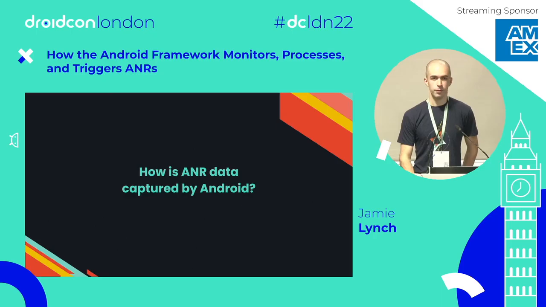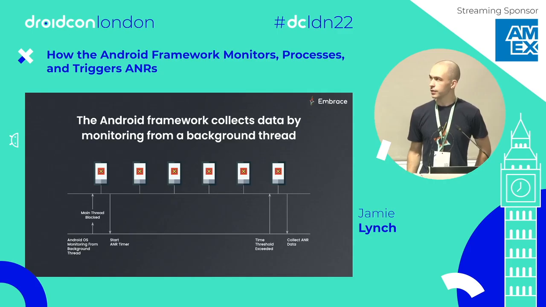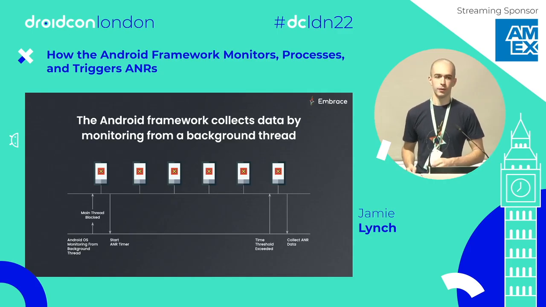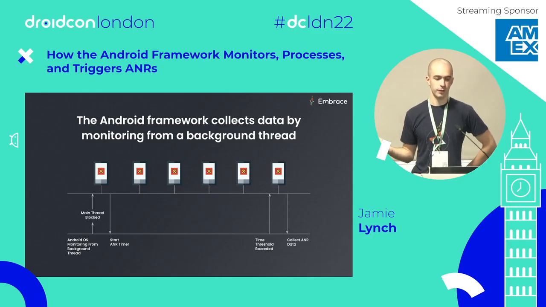So let's go over a little bit about how ANR data is actually captured by the Android OS. This is a high-level principle that applies to most of the components in Android. That's services, activities, etc. But essentially, the Android OS always monitors the main thread from a background thread as soon as a component has work scheduled.